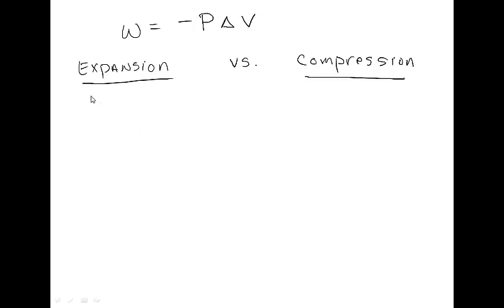With expansion of the system, and again I go with the balloon idea, even though they're not all balloons, it's just a gas sample, but this keeps it straight in my head. The balloon expands. That means the final volume will be greater than the initial volume. That means if you took the change in volume, you will get a positive number.